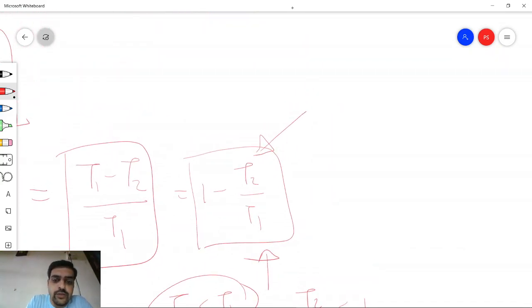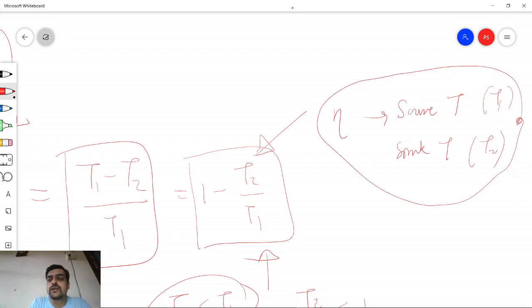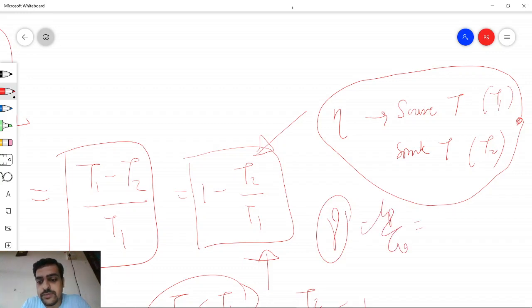Another thing to note is that the efficiency depends upon only two terms, namely the source temperature and the sink temperature, say T1 and T2. Doesn't matter which working substance is used, because gamma, which is Cp by Cv, which is the property of the working substance, does not appear in this formula for efficiency.